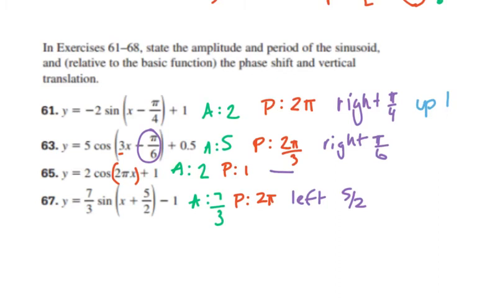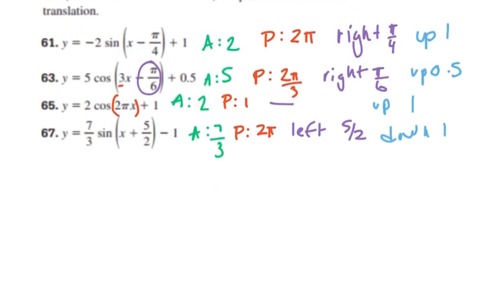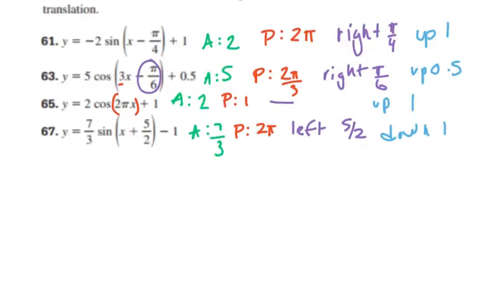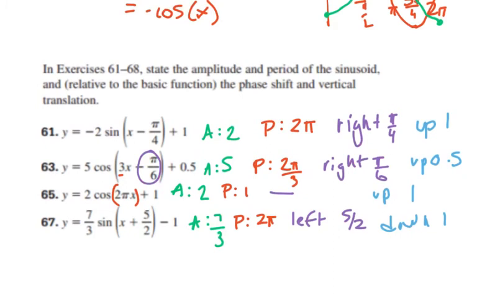And then the last one, talking about if it's up or down, so up a half for that one, up 1 for 65, and down 1 for 67. So kind of once you get that pattern of how to do it, you can fill that in pretty easily. And so that is the end of our assignment.